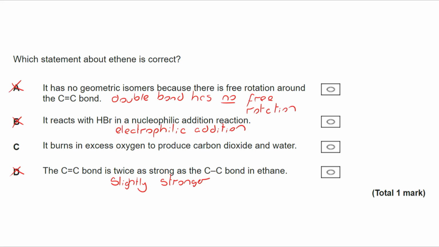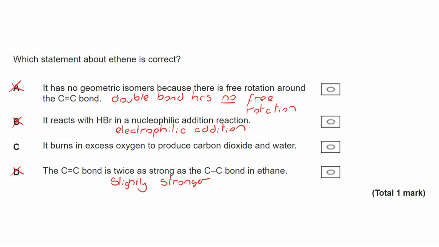It's very easy to read through that, skip over words and miss it. There is no free rotation around the double bond. And that means it doesn't have geometric isomers, because I have got two of the same thing on each carbon. But this is not the reason for that.